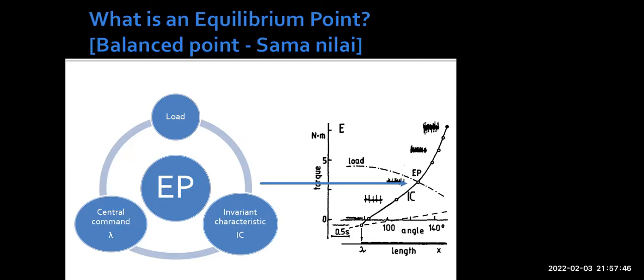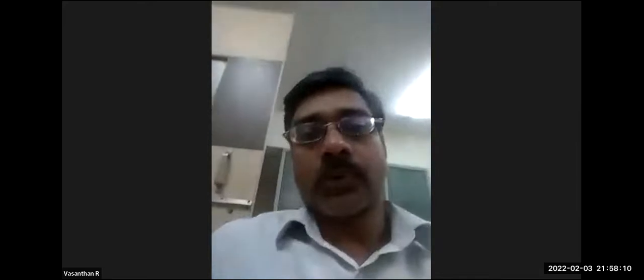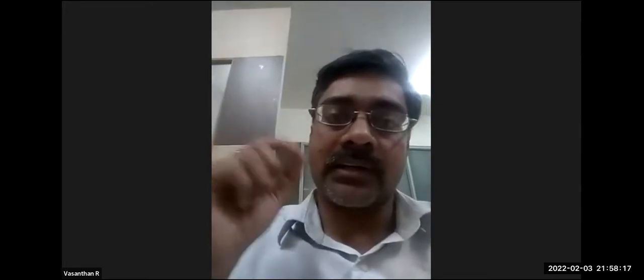So that brings us to the end of the equilibrium point model. I hope when you look into all three levels, they all have a particular role to play, and finally it comes to an equilibrium point.